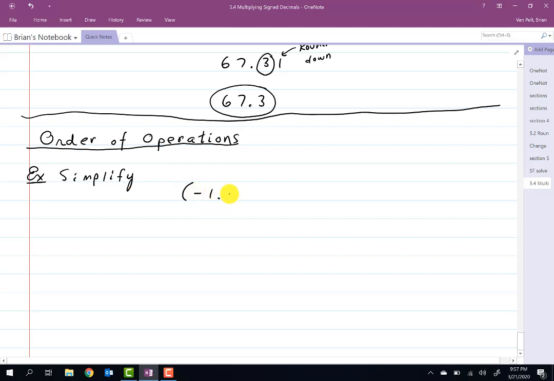What I have is negative 1.3 to the second power minus 6.4 divided by 4 plus 8.3. Now, according to PEMDAS, the first thing I should do is this exponent. Now, the negative will cancel out.